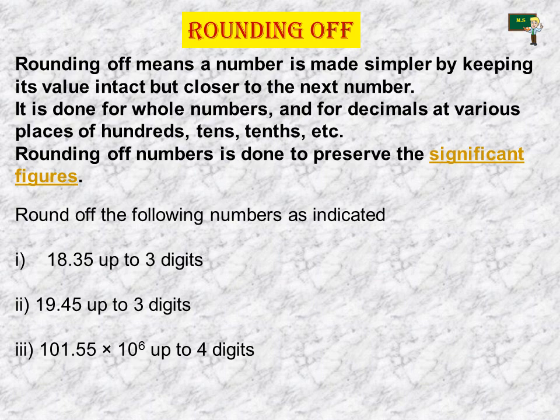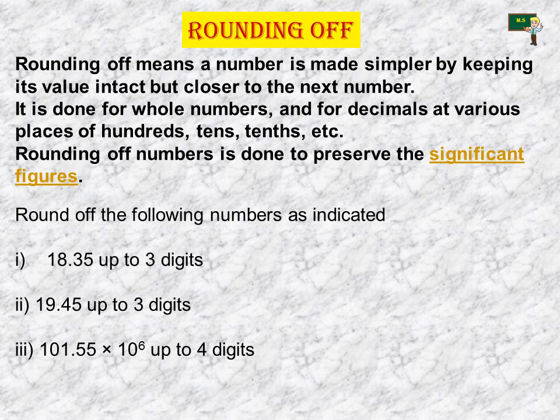Rounding off means a number is made simpler by keeping its value intact but closer to the next number. Nowadays 1 liter of petrol costs 84.69 rupees.